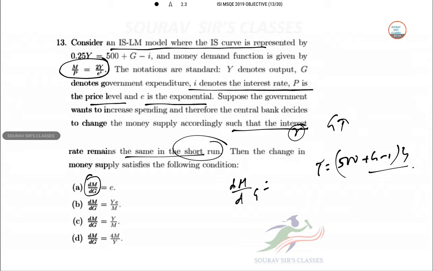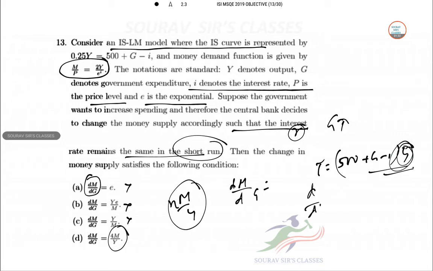If we just put it into the structure, M by Y is associated only here, and that is given with the multiplicity of the coefficient here. So the dY by dG thing partially will give you 4. Due to the multiplier structure, the change in the money supply that satisfies this condition is option number D.